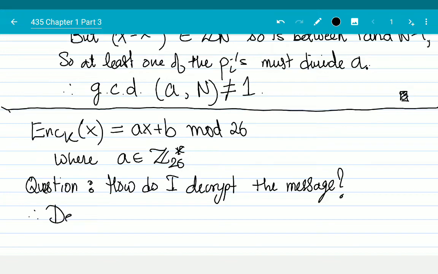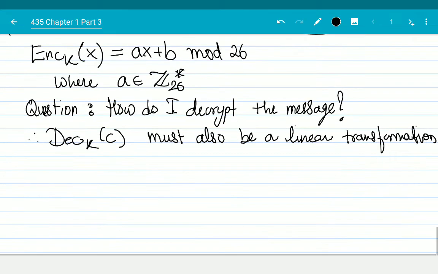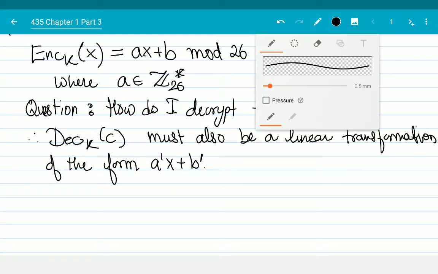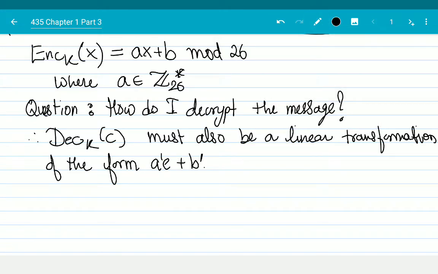Therefore, decryption k of c must also be a linear transformation of the form a prime c plus b prime.